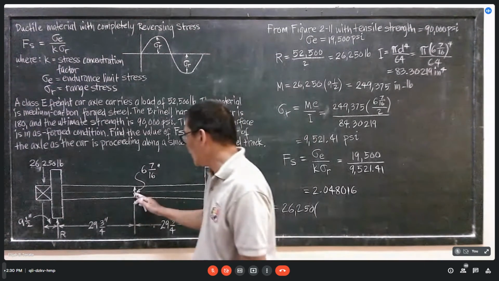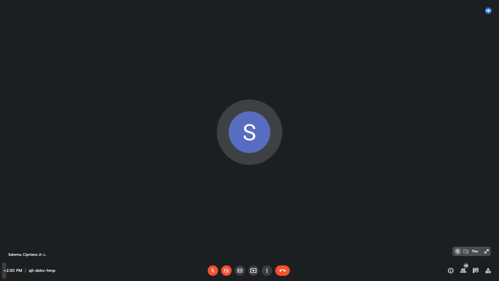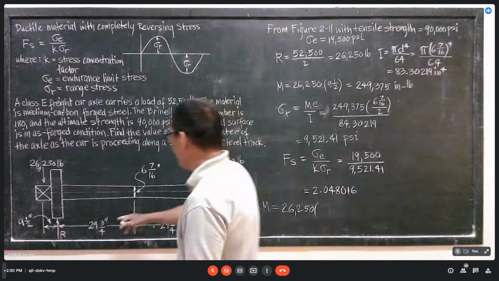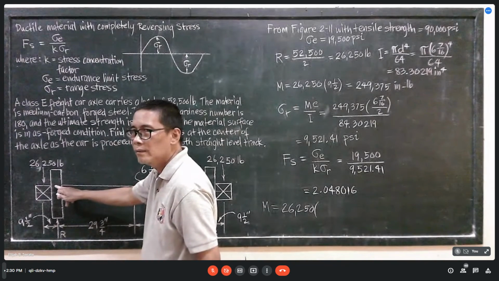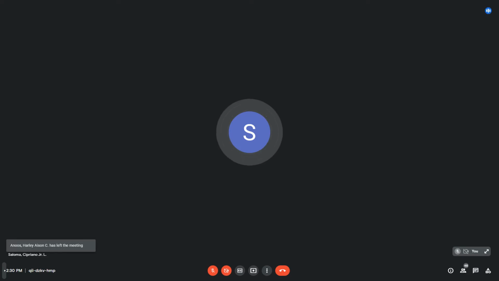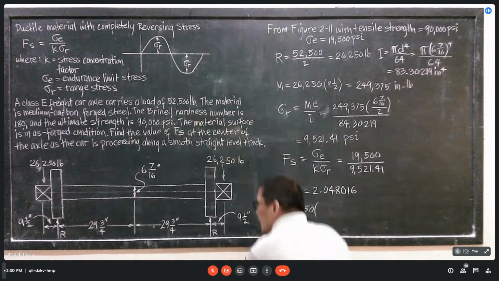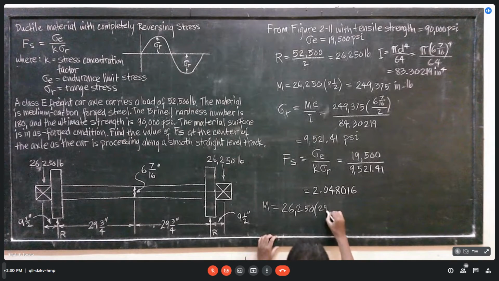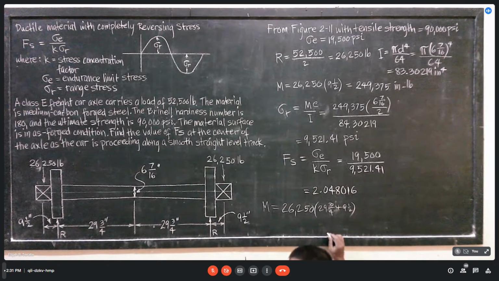Take the moment here. Times 29 and 3 over 4. So your force is here, plus 9.5. Plus 9 and a half. Okay, so that is for this one. So it is 29 and 3 over 4 plus 9 and a half. That is your moment on that side.